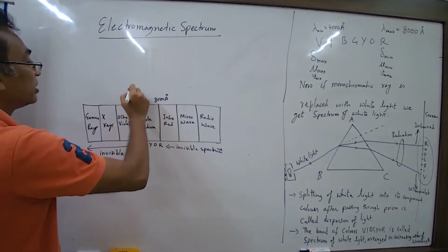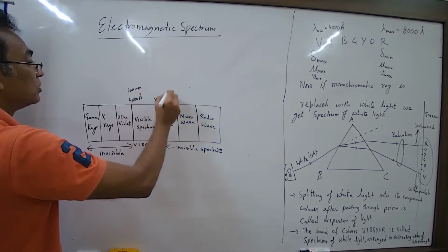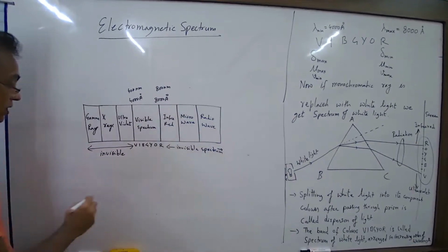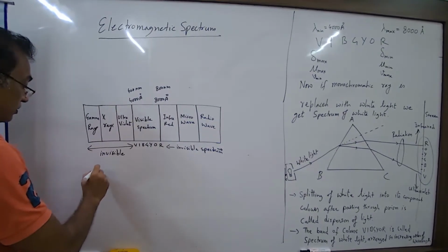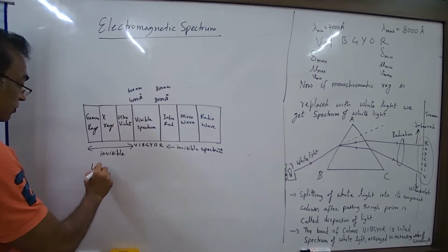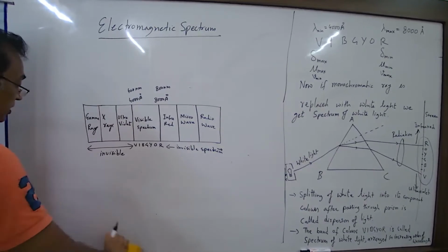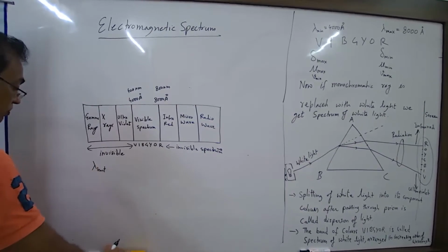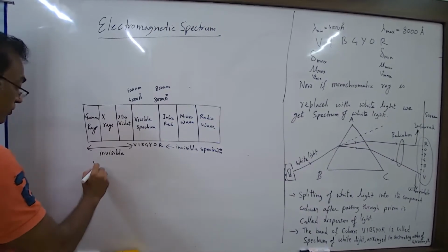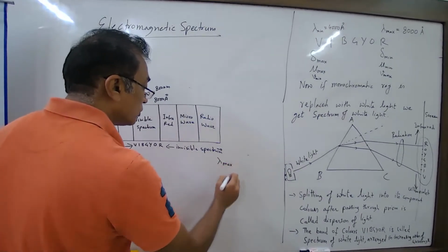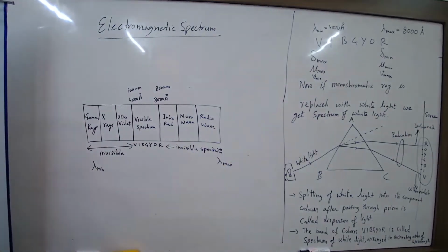In nanometers, you write it as 400 nanometer for violet and 800 nanometer for red. Is the wavelength increasing as you go from left to right? Wavelength is least for gamma rays. Lambda is minimum on the left side and maximum on the right side. Which radiation has maximum wavelength? Radio waves.